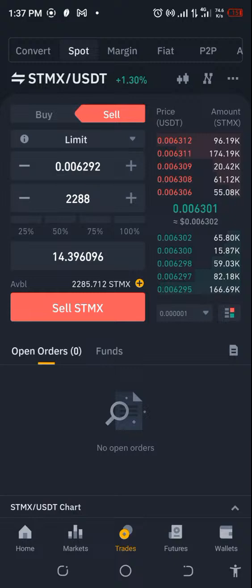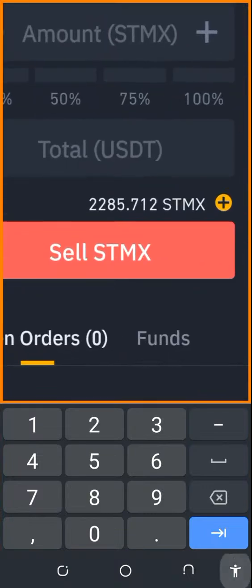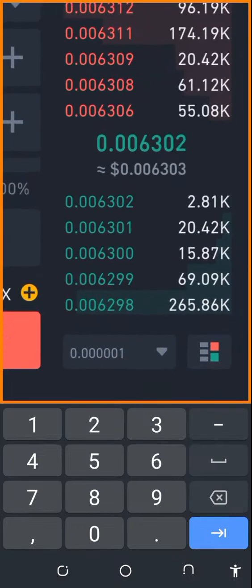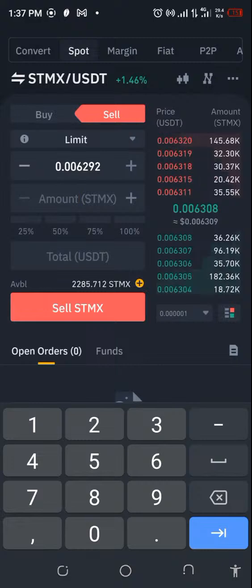Probably something has, let's just remove everything. Let's remove everything and let's see whether this would work. I'm just checking. Let's go back to see what's going on there.